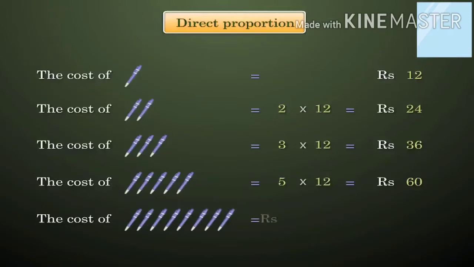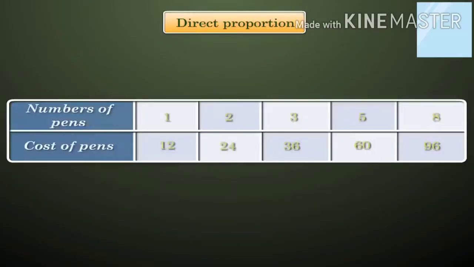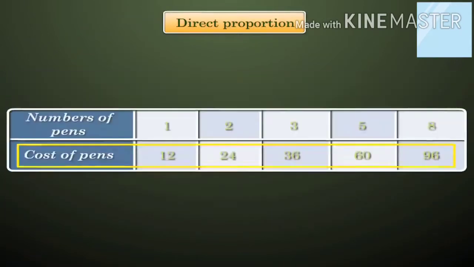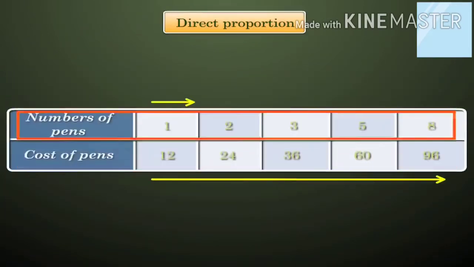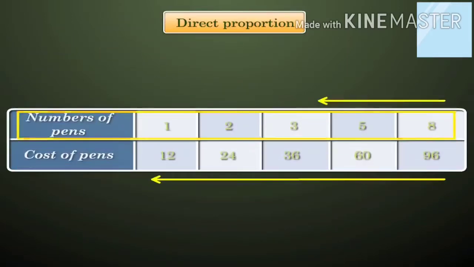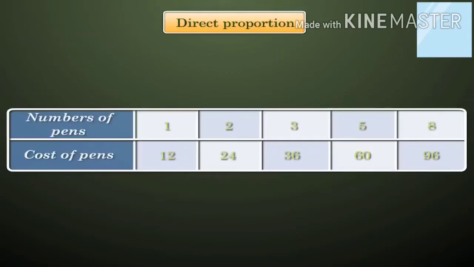And cost of 8 pens is equal to 96 rupees. So what do you notice? As the number of pens increases, the cost of the pens also increases, and as the number of pens decreases, the cost also decreases.